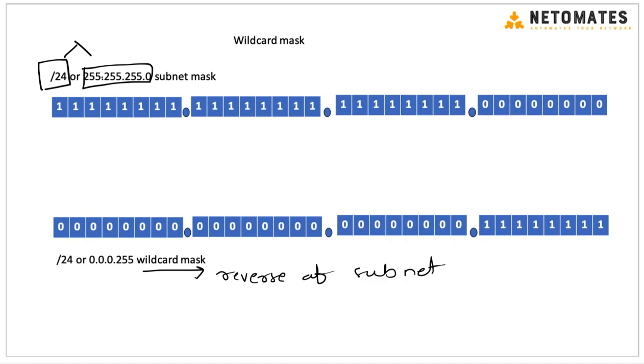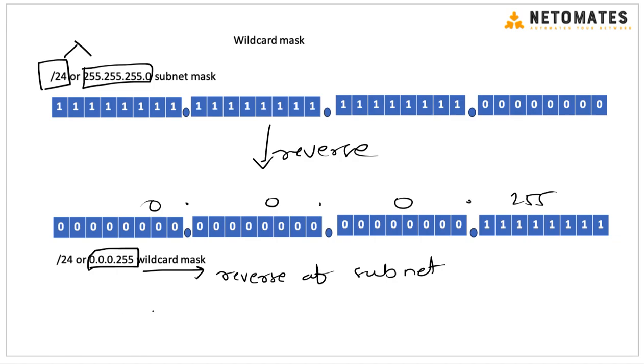So if you want to represent /24 in the form of a wildcard mask, when you reverse it, the value will be 0, 0, 0, and 255.